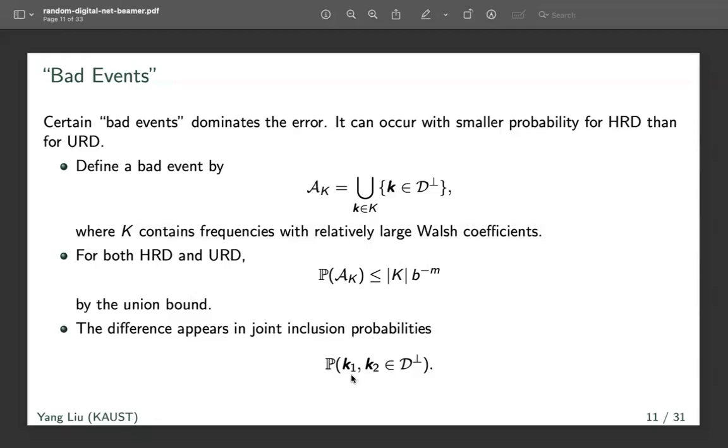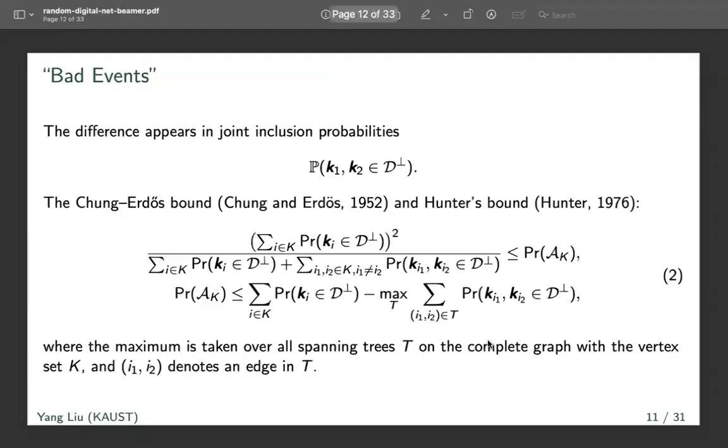That is, given both k1 and k2 belonging to this set capital K, the probability that they belong to this dual net at the same time. So what is this probability, and how do we use it? We use two probability bounds.